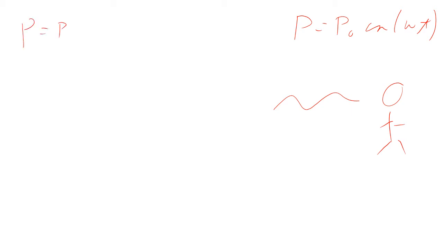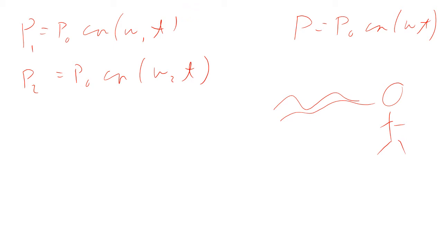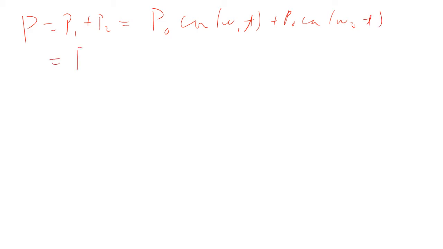So the pressure is P naught cosine omega 1t, and then you have another sound coming in, and that's P naught cosine omega 2t. And so the total pressure is P1 plus P2. That's P naught cosine omega 1t plus P naught cosine omega 2t. In other words, P naught times cosine omega 1t plus cosine omega 2t.